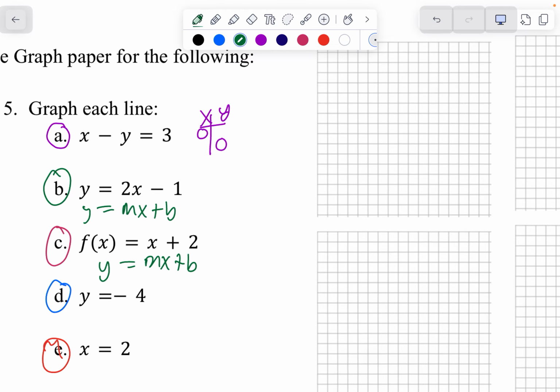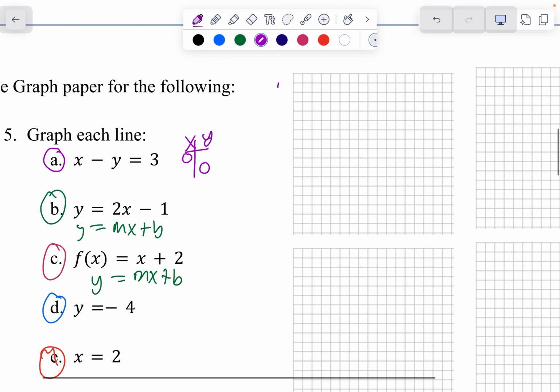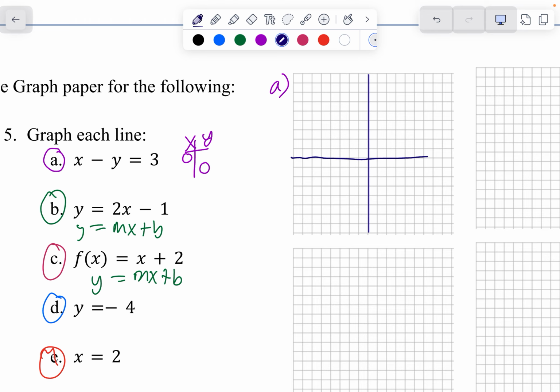So first, guys, let's graph A. If you haven't used your graph paper yet, there you go. Let's make yourself a little grid, your XY axis for me. Let's talk about 5A's 0, 0 chart.